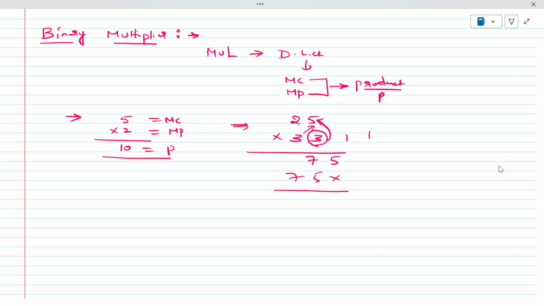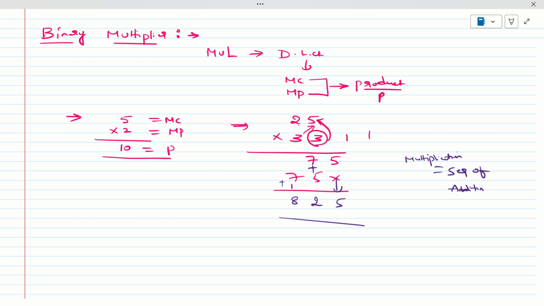How to get the product? 5 is as it is, the next one is 7 plus 5 is 12, so it carries forward to the next column, and 7 plus 1 is again 8. So we are adding 7 plus 5 here. Multiplication is nothing but a sequence of additions.